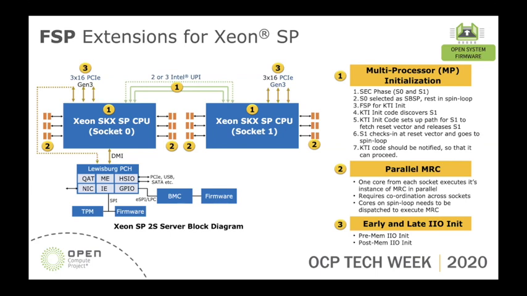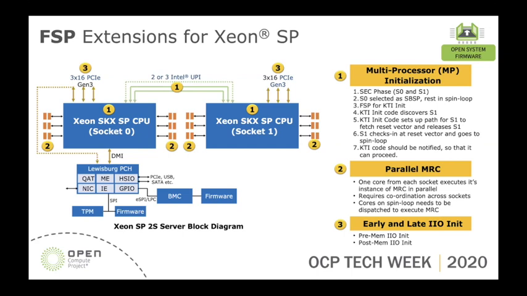The MRC in general is fairly complicated, as most of you are aware. So part of the focus is to abstract the complex initialization portion through the FSP, and then have the MRC logic implemented in the memory unit and the silicon unit phases of the FSP.